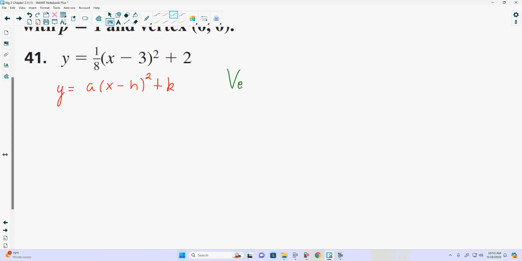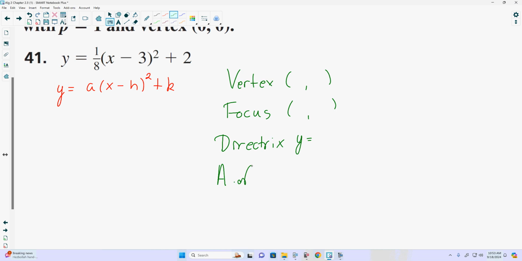We need to find the vertex, which is a point. We'll find the focus, which again is a point, our directrix, since we have y equals, our directrix is going to be y equals, and our axis of symmetry.